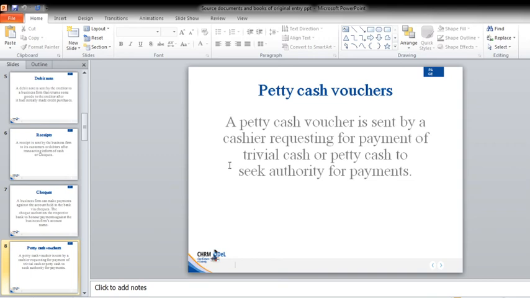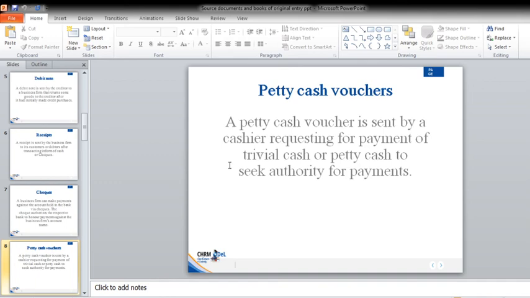For example, if the business has sent somebody somewhere and that person has been given transport money, it might be a bit hard to account for that amount of money because it will not be issued with a receipt.